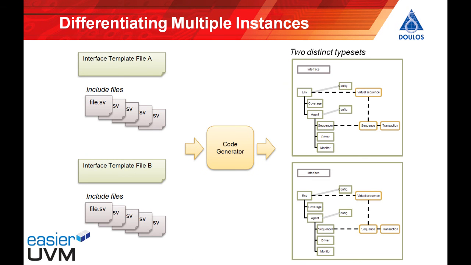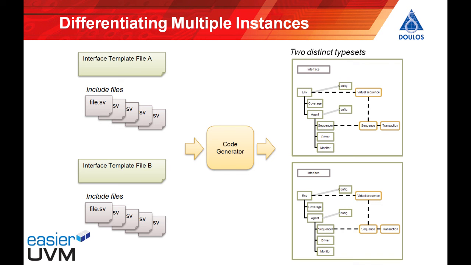On the other hand, if you want multiple instances of the same agent and you want them to be significantly different from each other, then the best way to do that is to use a different interface template file for each agent, even if it's nominally the same agent. So that could be, for example, because you've got multiple instances of the same agent and you want to run very different sequences on those multiple instances of the same agent.